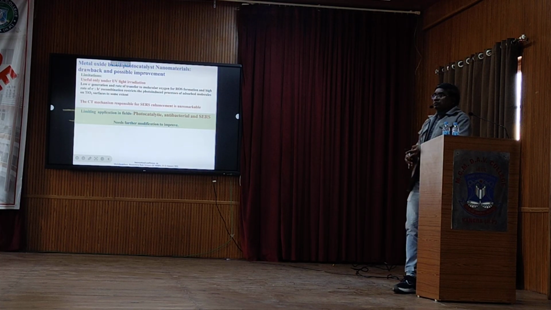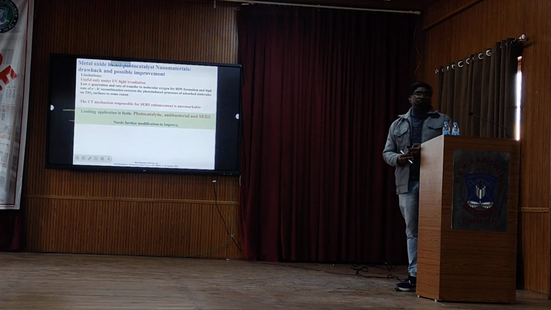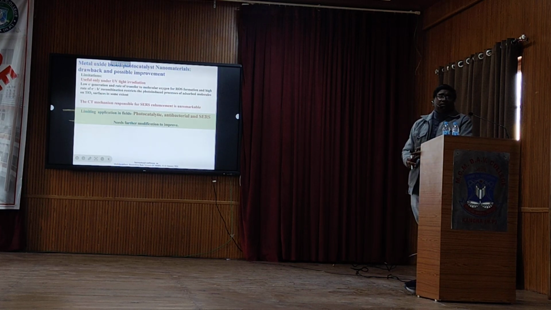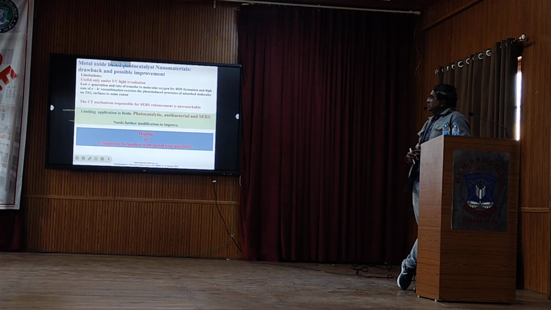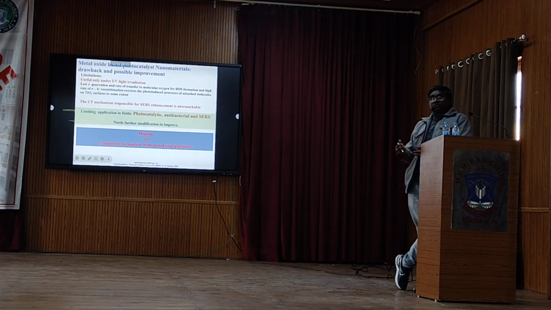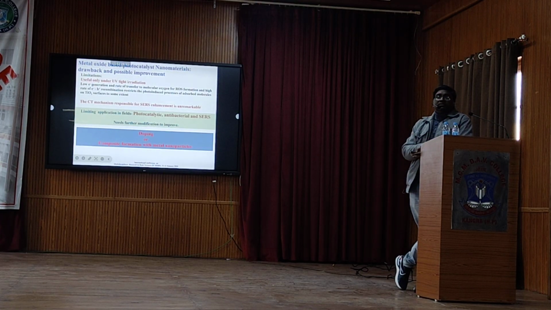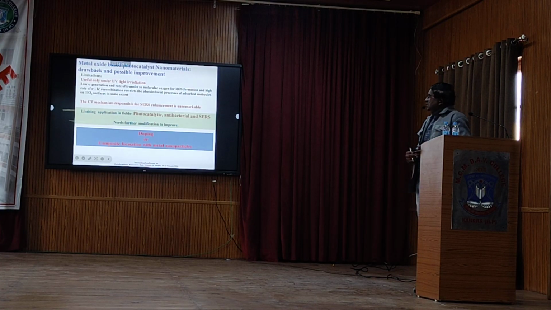But we know sunlight has visible light, IR light, and UV. So we need to modify these materials in such a way that we can use more and more sunlight, which is more than 50% IR. By modifying their properties, we can use the entire sunlight.